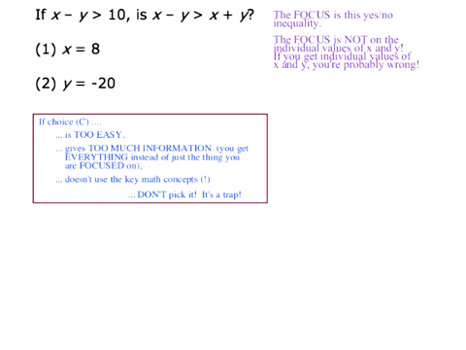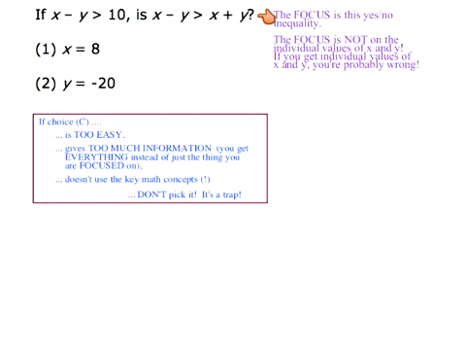But with data sufficiency, you can totally get these problems wrong before you even start them. If you look at this problem and think, I want to find x and y, as soon as that thought enters your brain, you are already wrong before your pen even touches the paper.